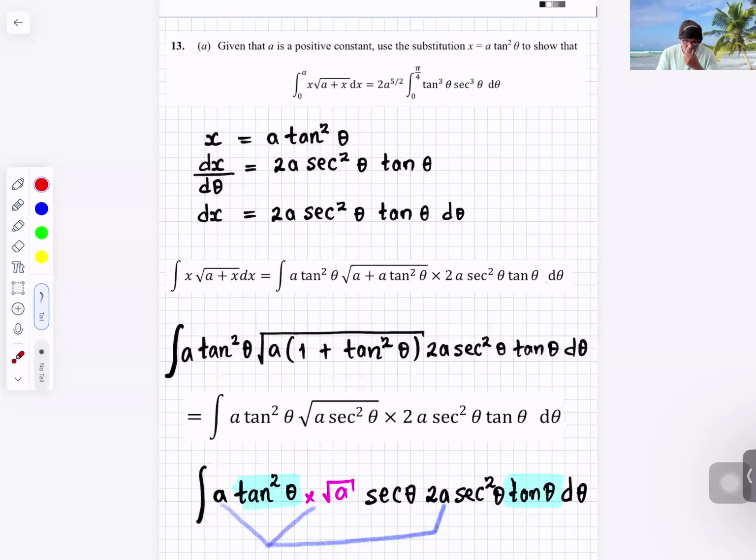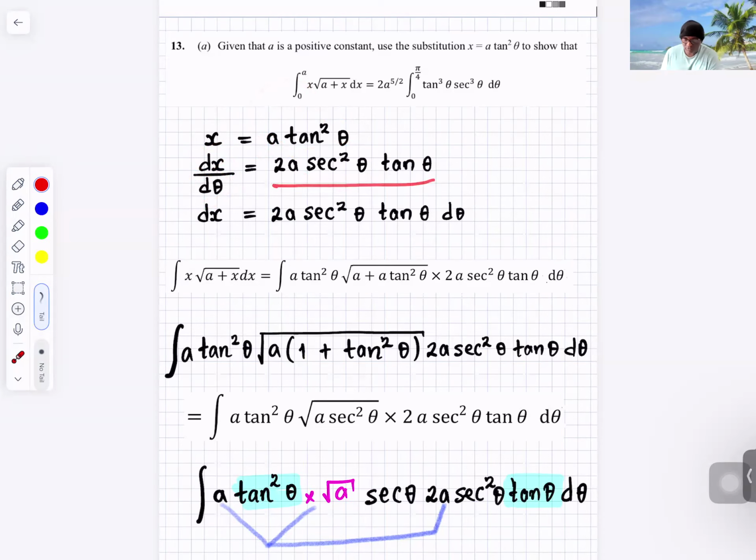The first thing you do is write x equals a tan squared theta. You find dx over d theta. You differentiate x with respect to theta. The 2 comes in front, and there's the a there. And when you differentiate tan theta, you get sec squared theta.